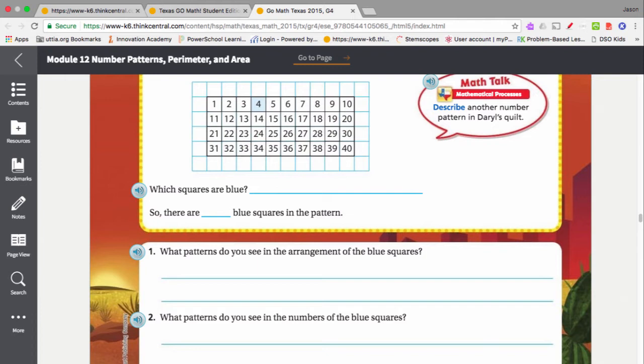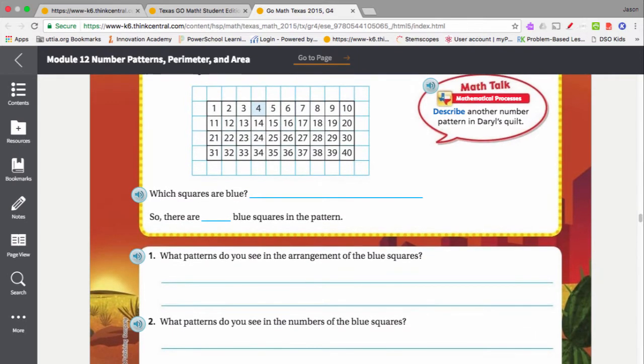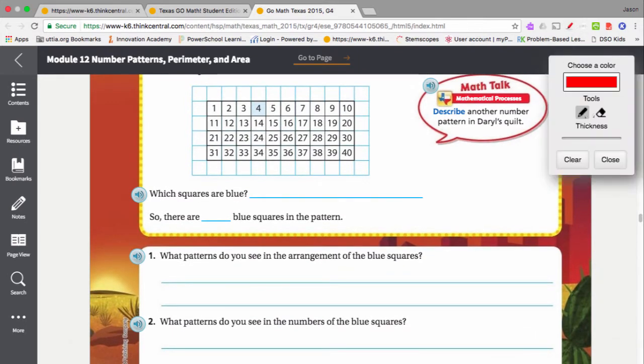What patterns did you see in the arrangement of the squares? Well, you should have seen that it just skipped 4 every time and it was kind of staggered. The other pattern that you should have seen is that there's a pattern to the numbers, because all of the numbers that we selected were multiples of 4.